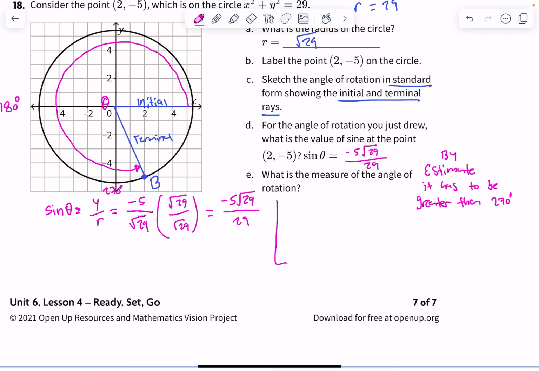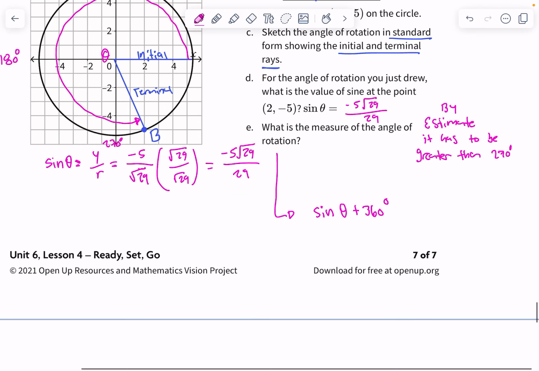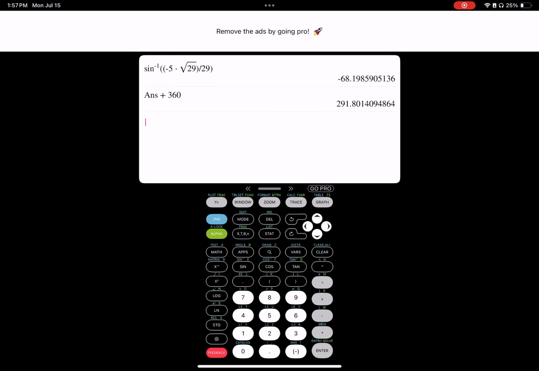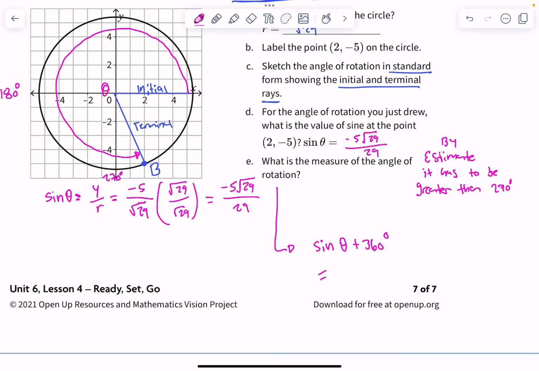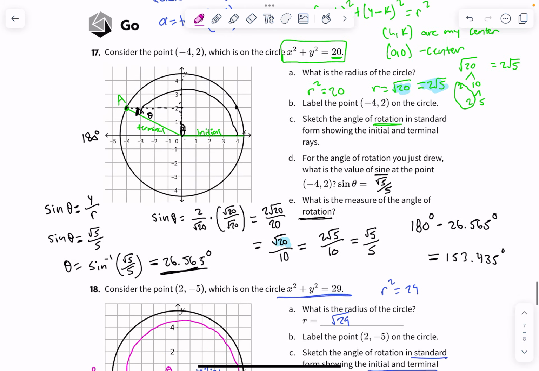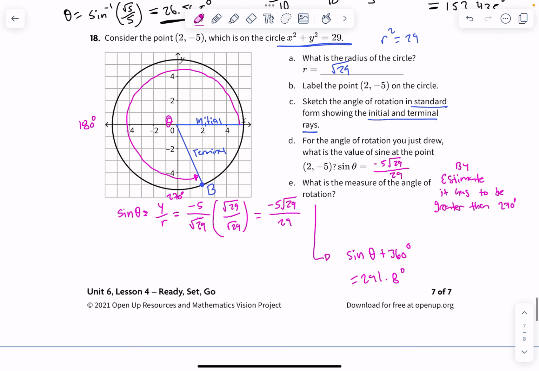Okay? So this right here is equal to theta plus 360 degrees, which was 291.8 degrees. Now a reference angle. We've talked a little bit about a reference angle, I hope.